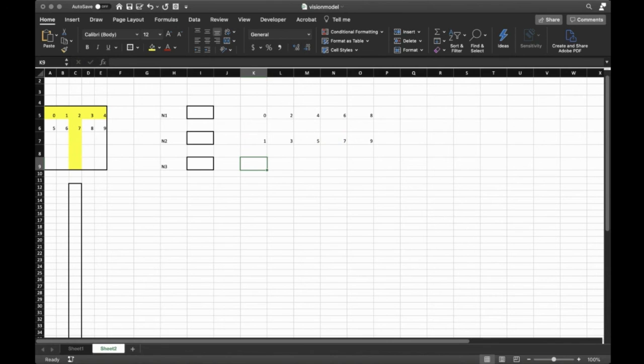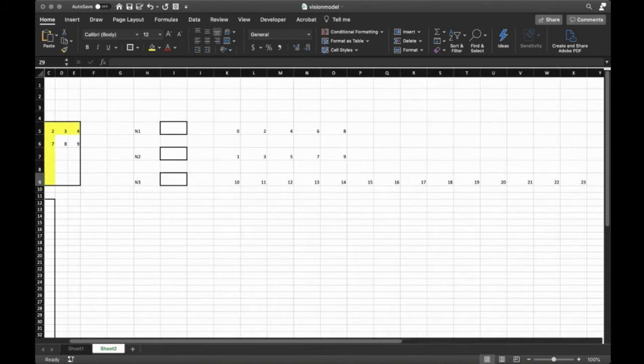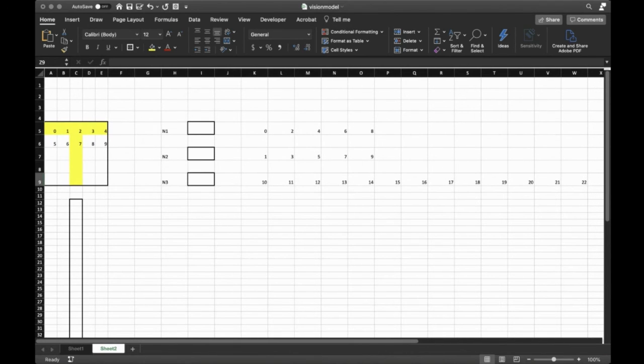And then neuron 3 pays attention to 10, 11, and all the rest. So can you see that what we've got here is just numbers written down on a piece of paper, but essentially it's the same model that we just had for that neuron.